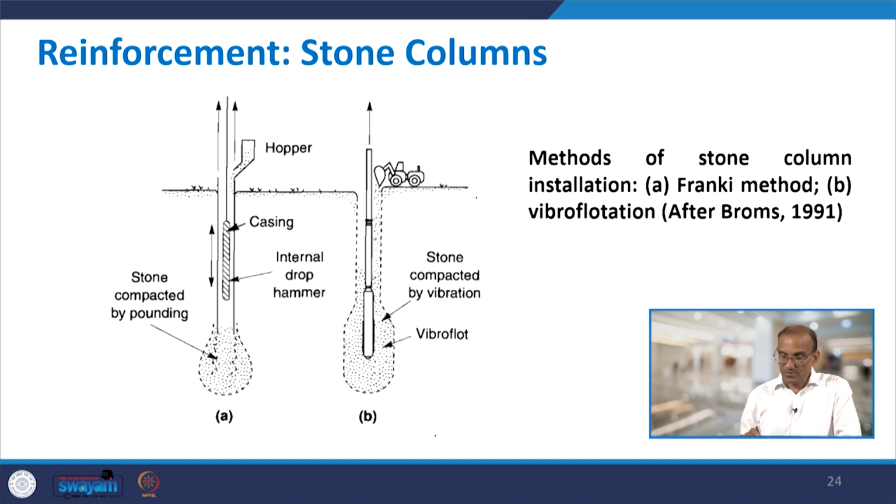You have the stone columns, gravels which are inserted inside this, and when they are inserted, they are compacted using vibroflotation, and ultimately a bulb like this is prepared, made of stone columns, gravels, and this will have quite good strength compared to the surrounding soils, and it will help in its densification as well as mitigation of liquefaction.